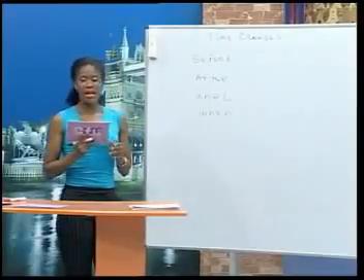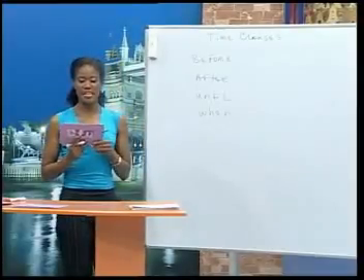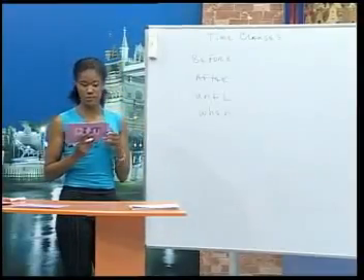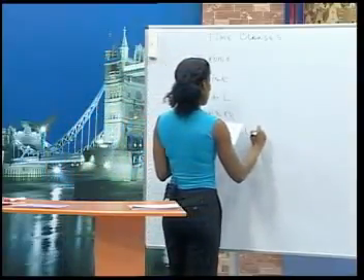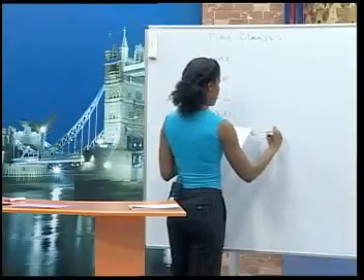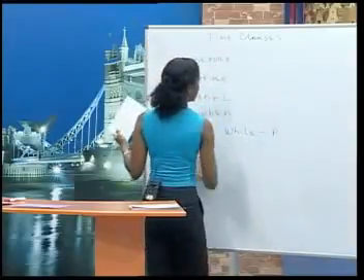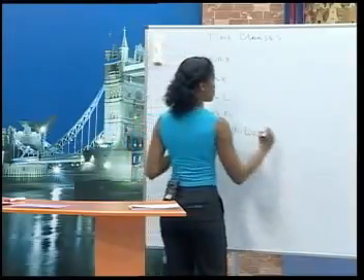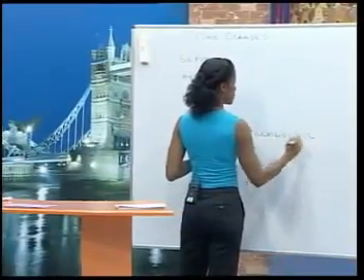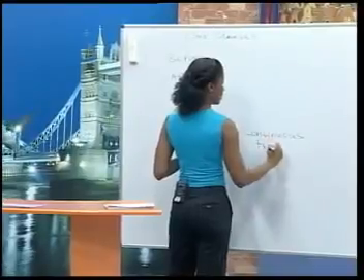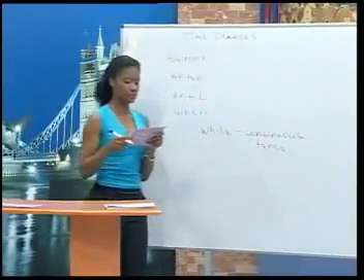The verb form after a clause beginning with while, okay, should usually be in a continuous tense. So the time clause beginning with while is usually in a continuous tense.